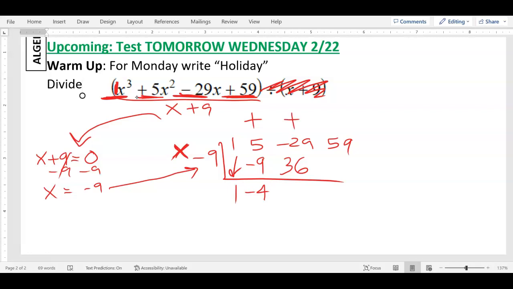What do we get? Positive 7. Okay. Then what do I do with 7 and negative 9?